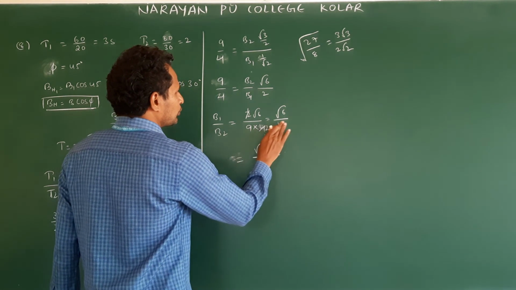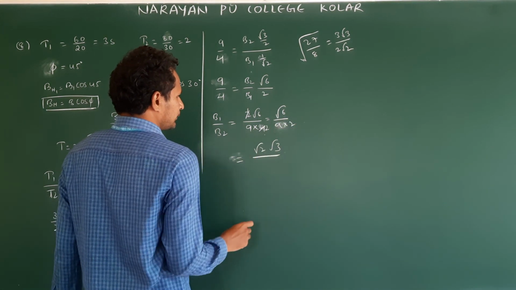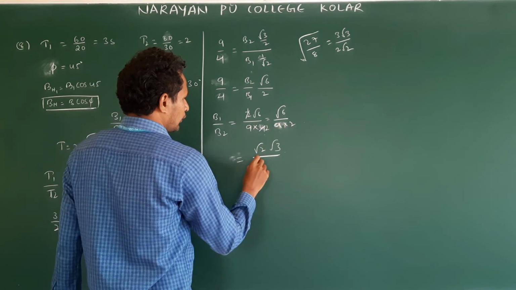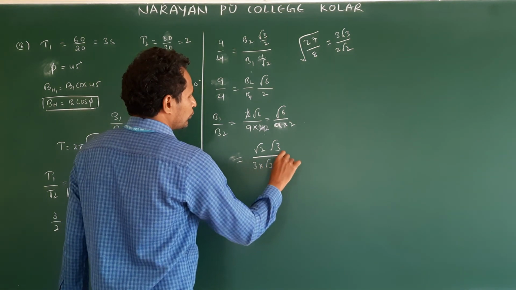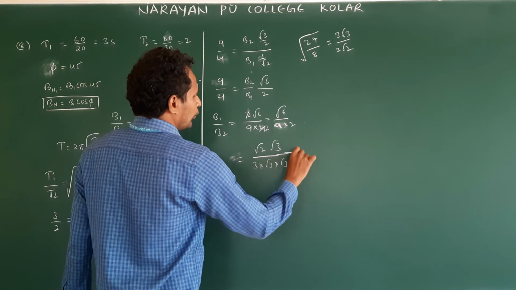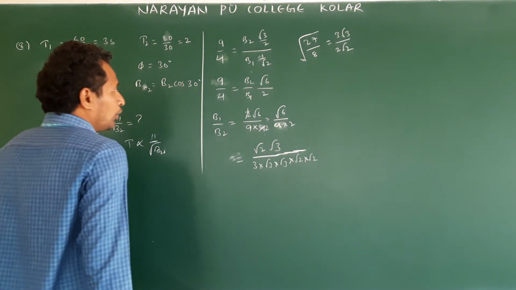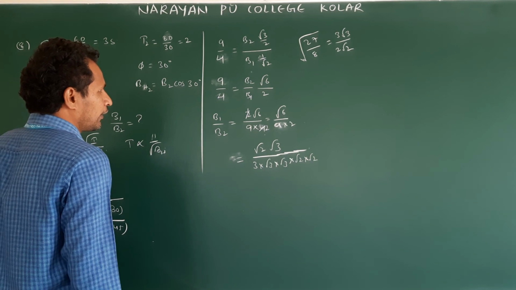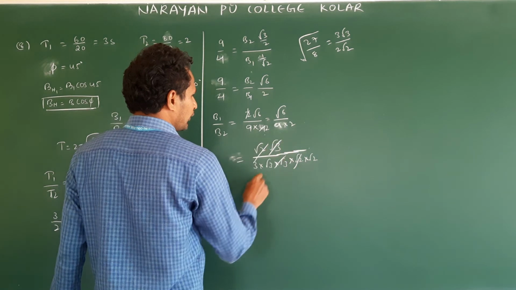Nine into 2, this is actually 9 into 2. This I can write as 3 into root 3 into root 3 into root 2 into root 2. Okay. 1 root 2 will be cancelled, 1 root 3 will be cancelled.